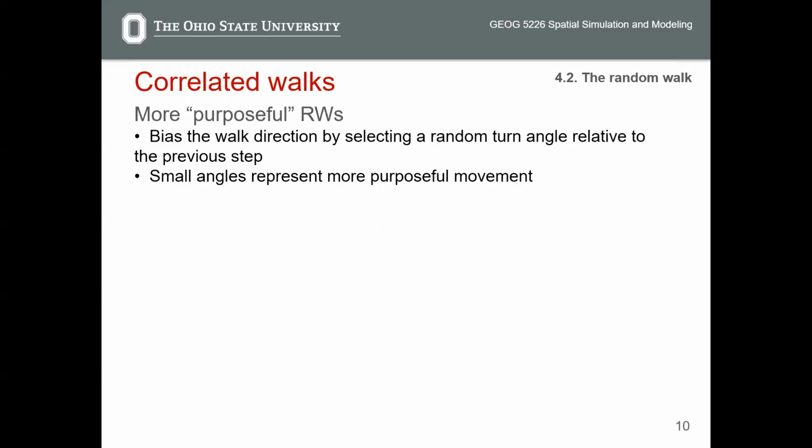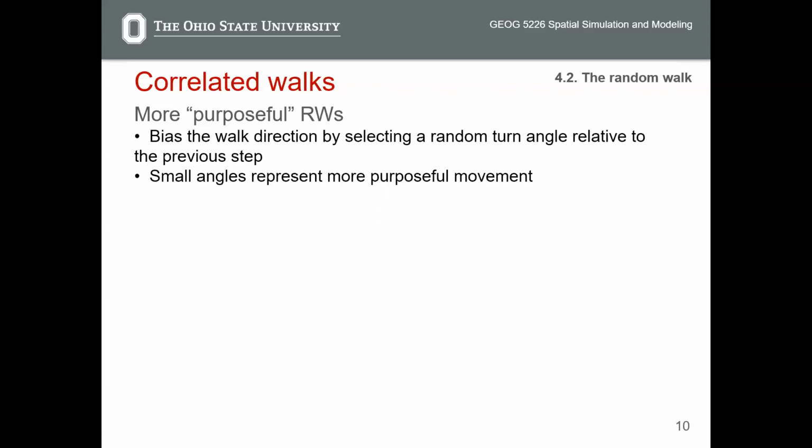So every two steps, if they're adjacent to each other, the later one's direction is based on the previous one. Small angles represent more purposeful movement. Small angles mean that the direction of the next step is similar to the direction of the previous step, which means it's more purposeful, which means that it's not random.